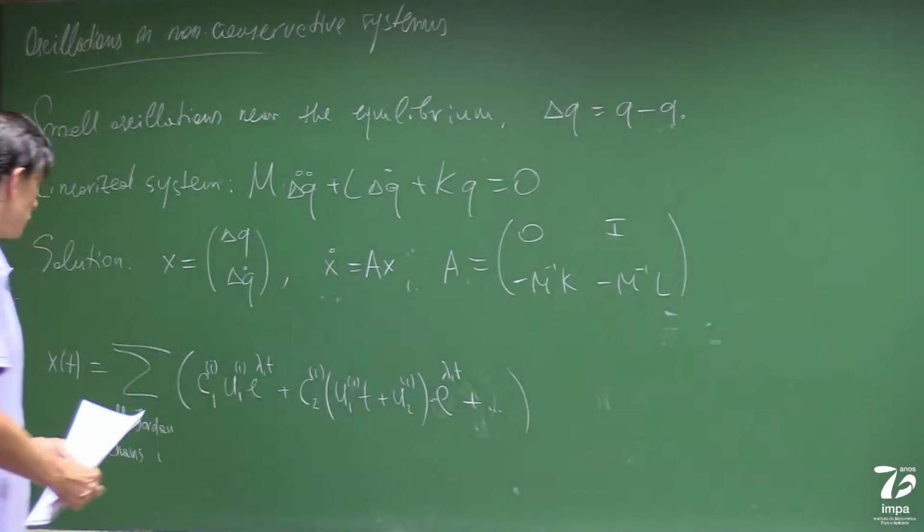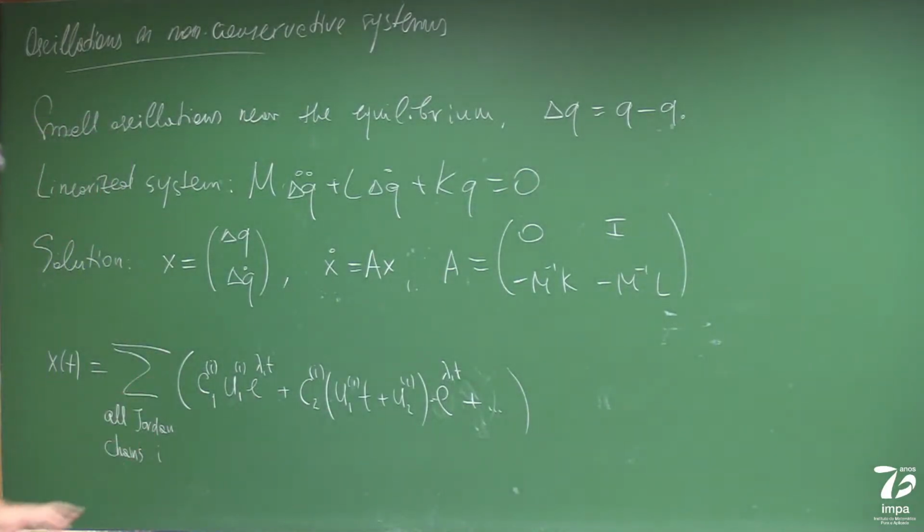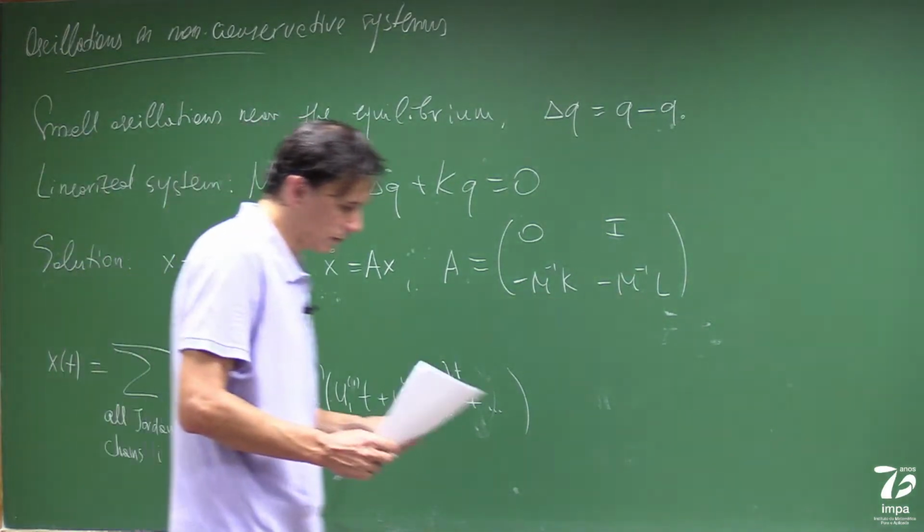So for each Jordan chain you compose this particular solution with arbitrary coefficients, and summing all of them gives you the general solution. So at least mathematically we can solve it.